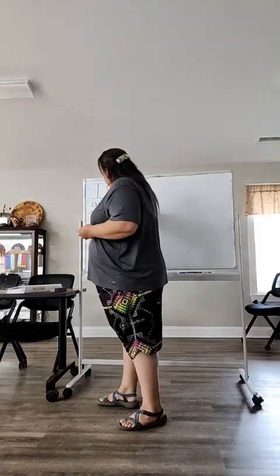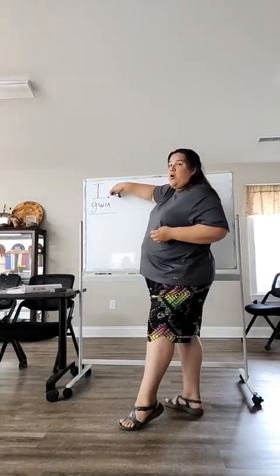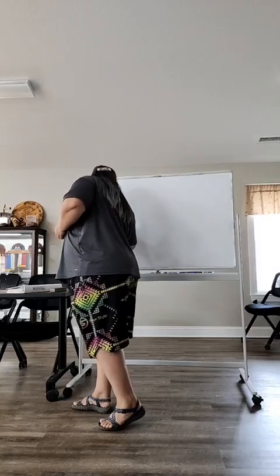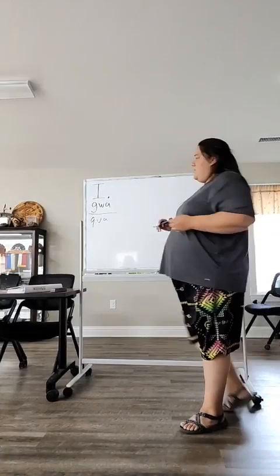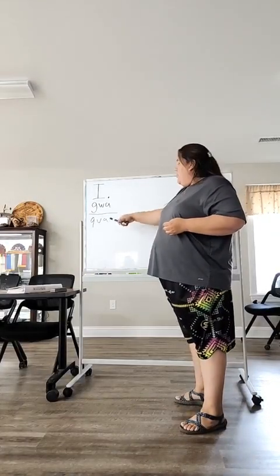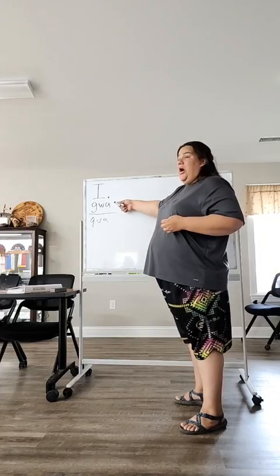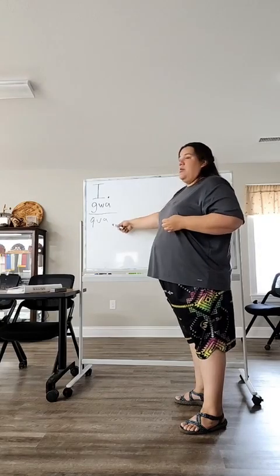But we can put that sound change there, right? And this is how I differentiate. This is my sound change. Qua. So let's practice that a few times. Wa. With the sound change. Qua. Wa. Qua.